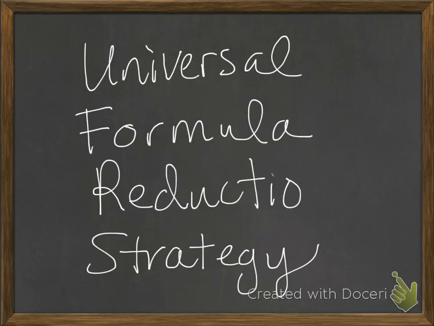So I talk about that extensively in my video on universal formula reductio strategy. So you can go there and you can learn all about that. So that's not the fourth rule that we're going to need. The fourth rule that we need is the rule of quantifier exchange.